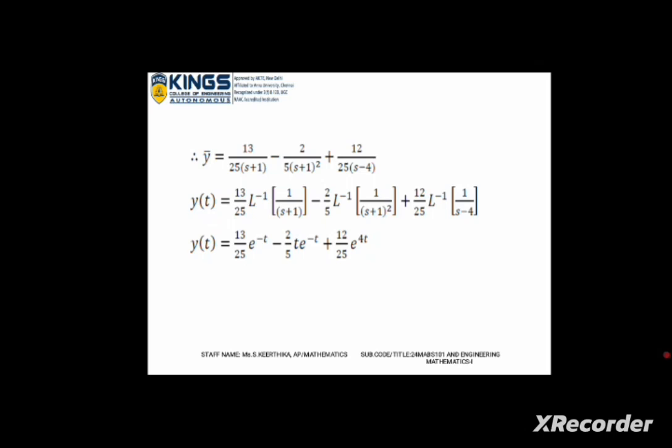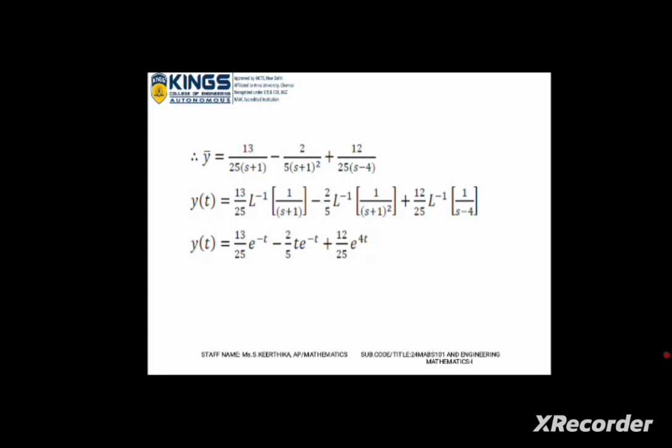Then Laplace goes to the right side as L inverse. So L inverse of 1 by s plus 1 can be written as e power minus t. As well, L inverse of 1 by s plus 1 the whole squared can be written as t into e power minus t. Finally, L inverse of 1 by s minus 4 can be written as e power 4t.